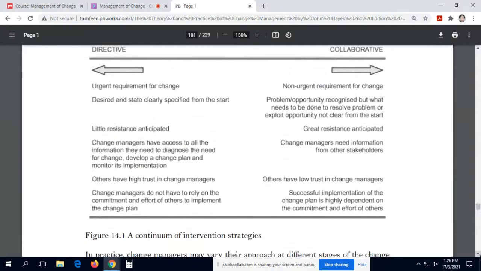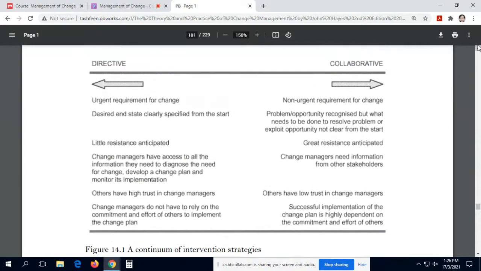Now let's look at the picture. Here it is, a very interesting, very nice diagram to look at. Figure 14.1. Look at this, the right hand side: collaborative on the top. Left hand side, directive.